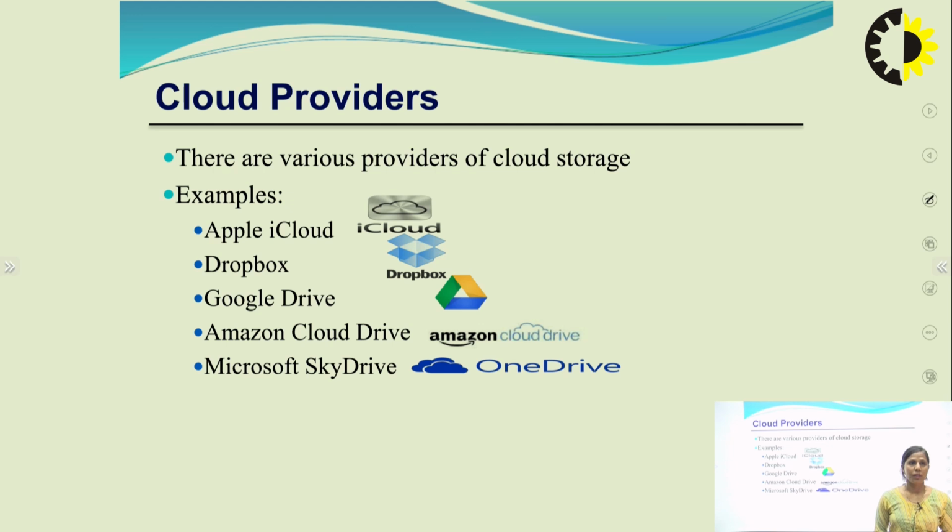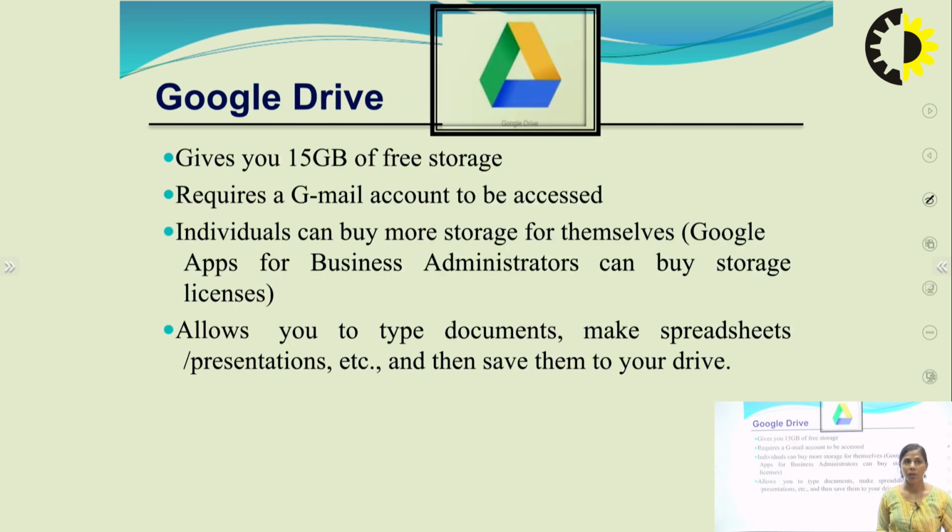These examples provide us cloud storage at various levels of data limit. For example, Gmail provides us 15 GB of data which can be stored in our Google account. These examples have different capacities and different limits to store data in the cloud.